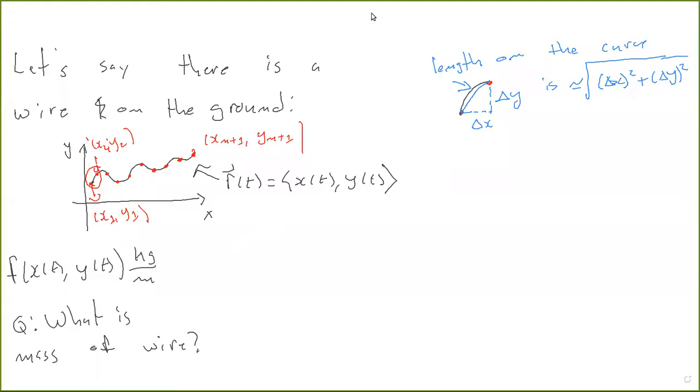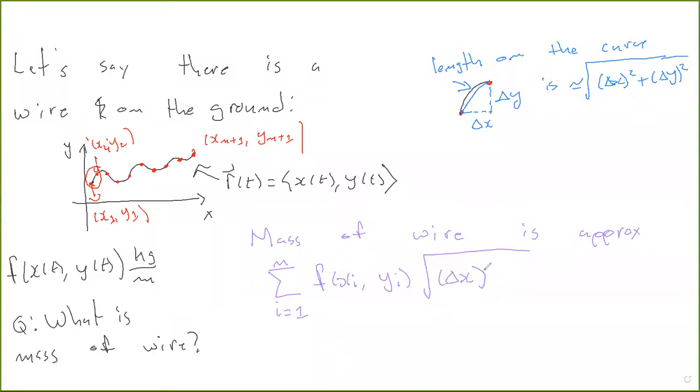Then the mass of the wire is approximately the sum from i equals 1 to n of f of x i, y i times the square root of delta x i squared plus delta y i squared.